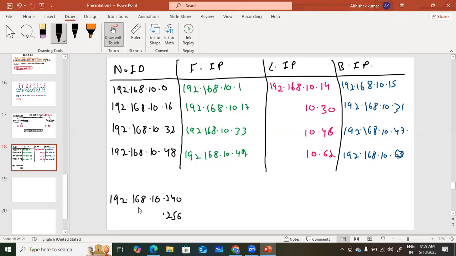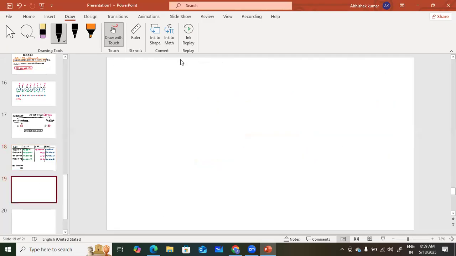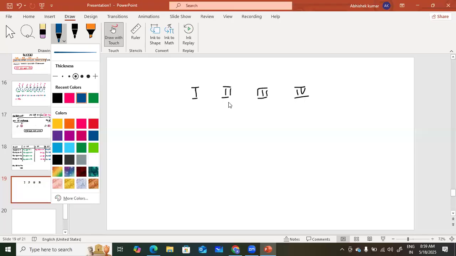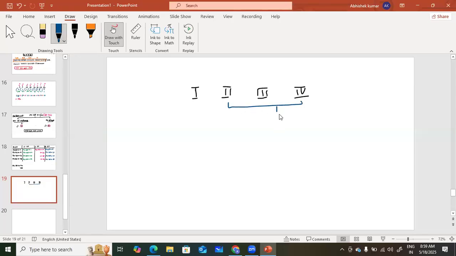Let's suppose this is the first octet, second octet, third octet, and fourth octet. In the second, third, and fourth octet, I can only allow values between 0 and 255.